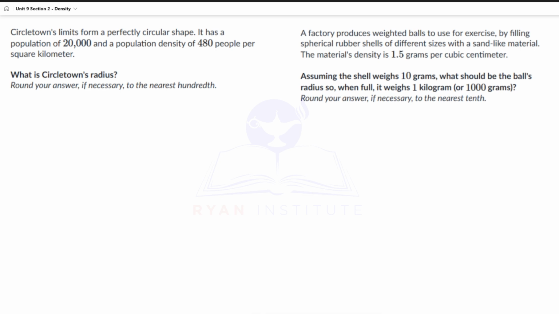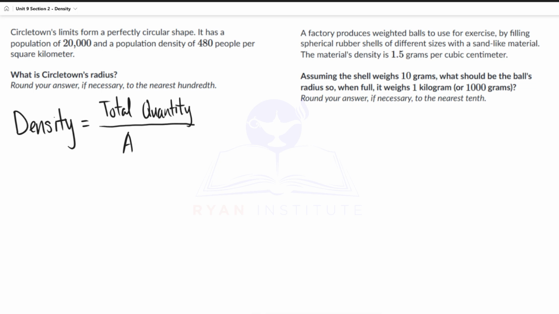All right, so in this case, density is going to equal the total quantity over the area. Right?